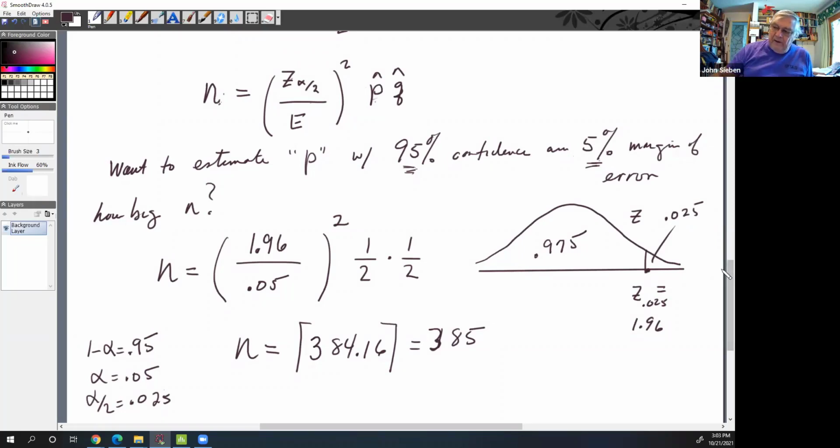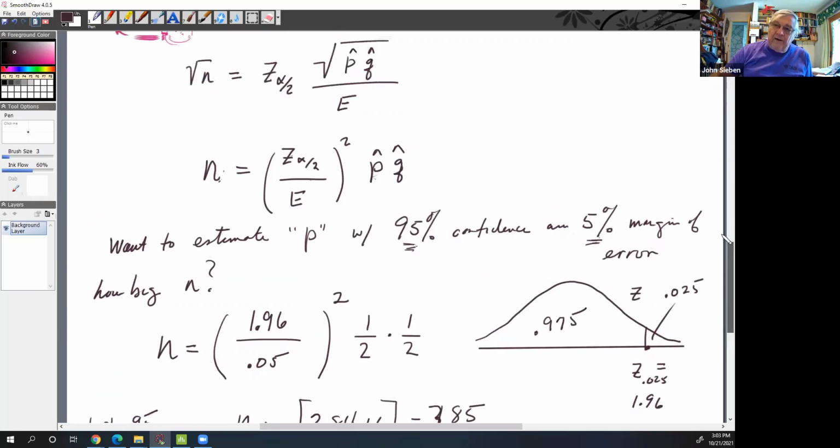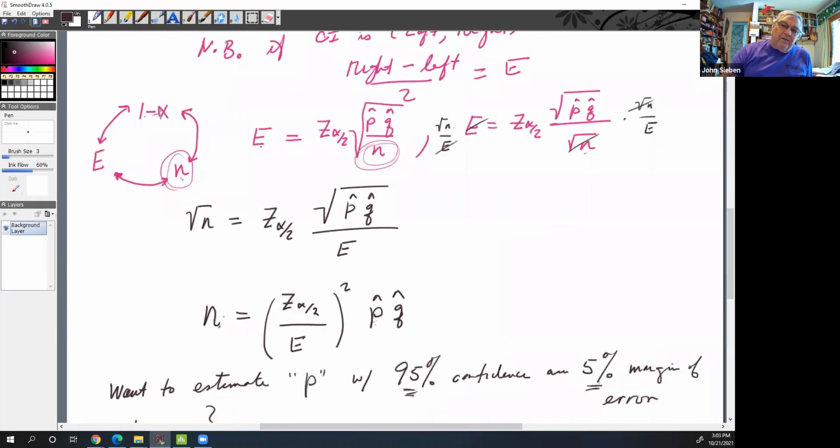And again, the big three are not isolated. The confidence, the margin of error, and the sample size influence each other. And I cannot simultaneously optimize all three.